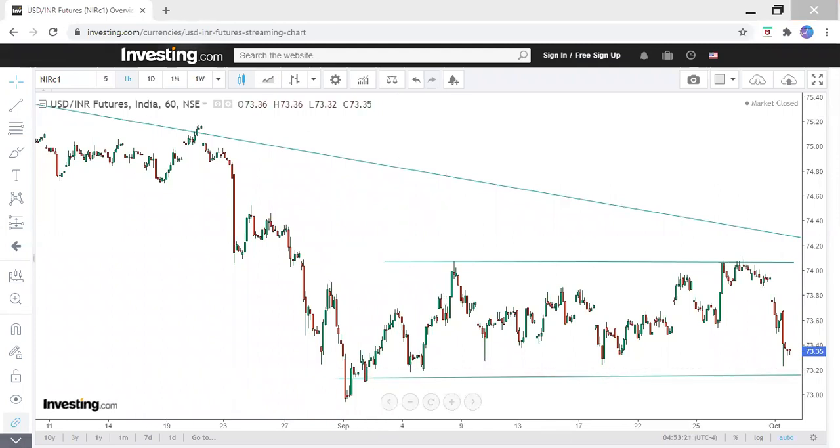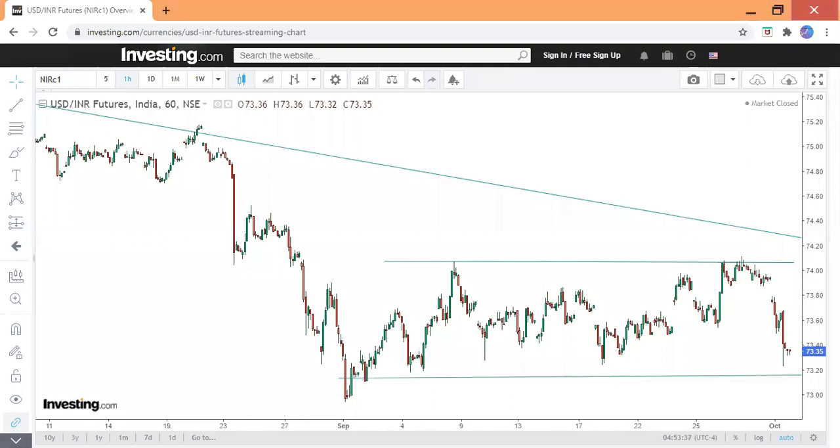So we'll continue to our other levels, like the futures chart and futures data. We see the futures open interest has a 5% increase on 30th September.